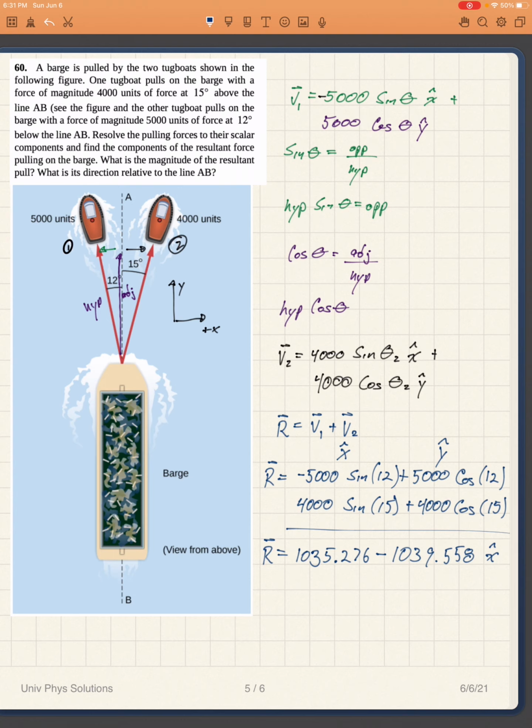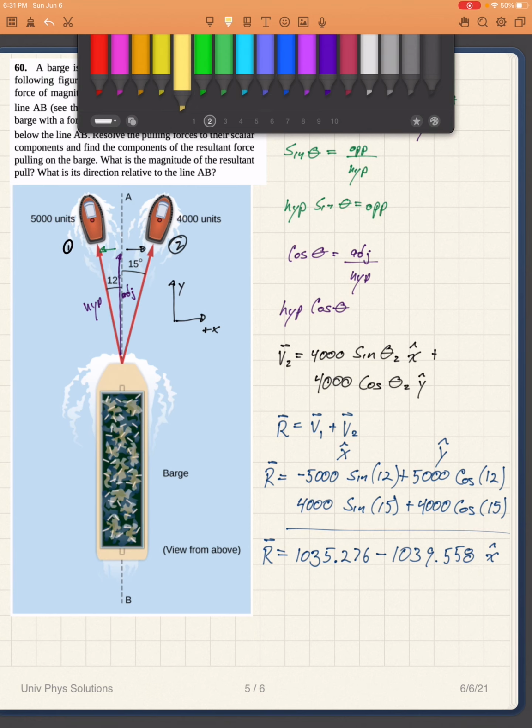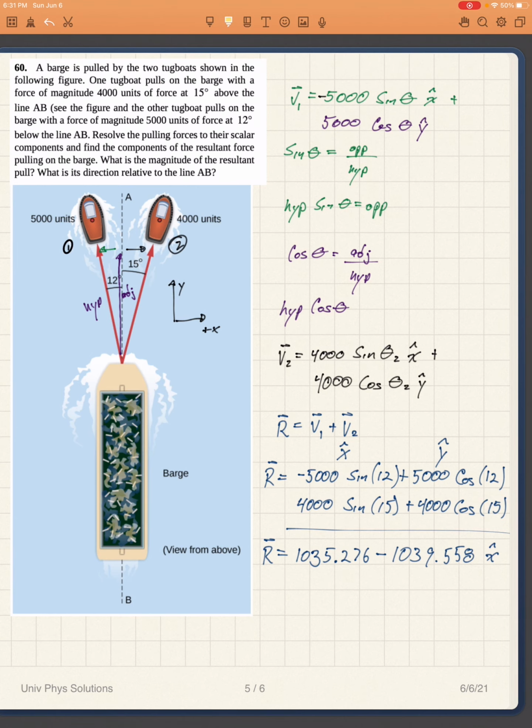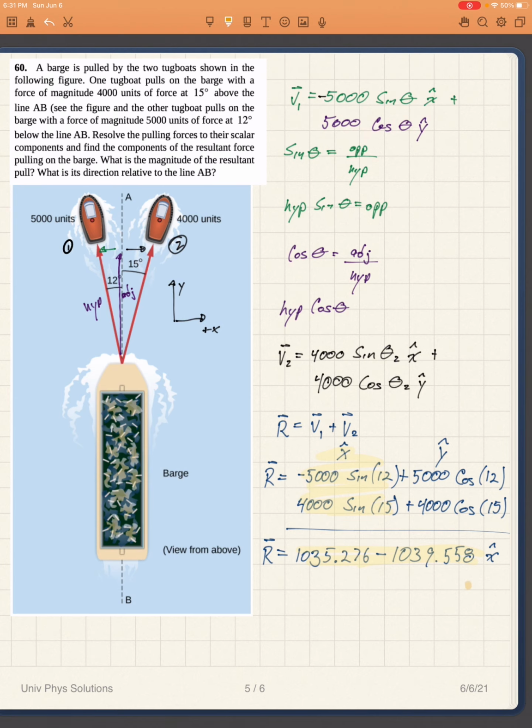That's these two added together. And I'm going to add the other two for the y component. Which I'll write here.